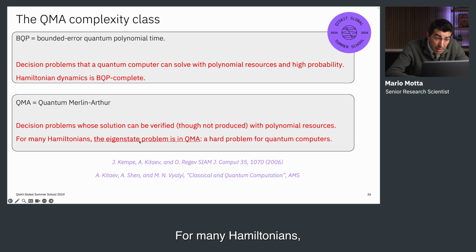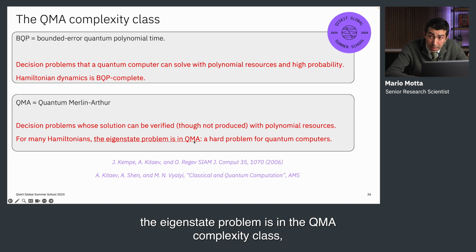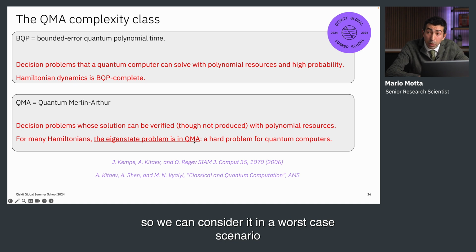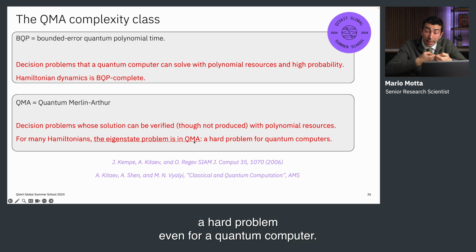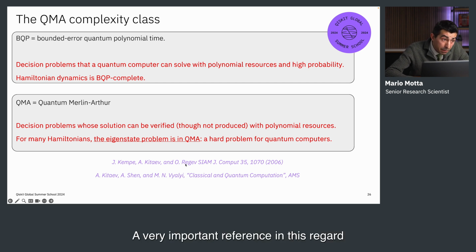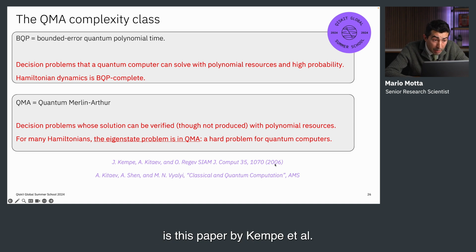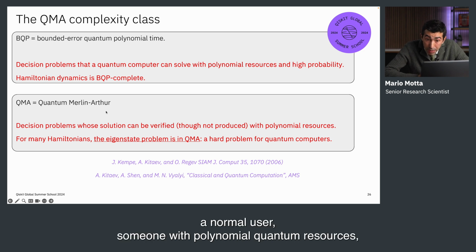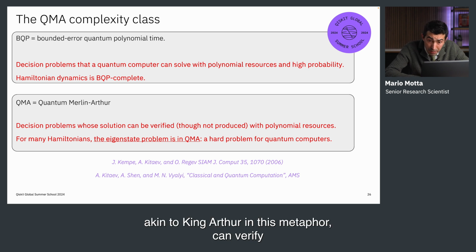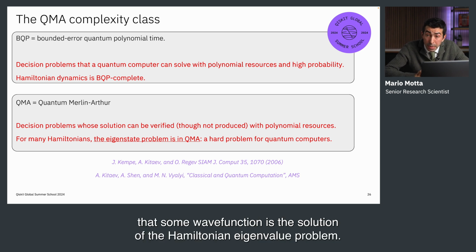For many Hamiltonians, the eigenstate problem is in the QMA complexity class, so we can consider it, in a worst-case scenario, a hard problem even for a quantum computer. A very important reference in this regard is this paper by Kempe et al. In more informal terms, a normal user, someone with polynomial quantum resources, akin to King Arthur in this metaphor, can verify that some wave function is the solution of the Hamiltonian eigenvalue problem.